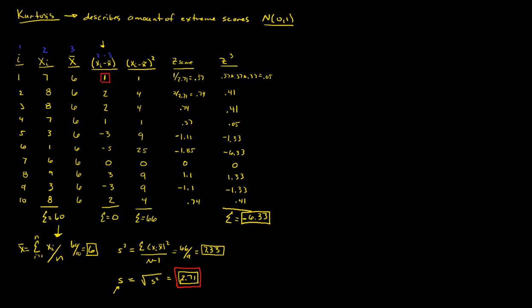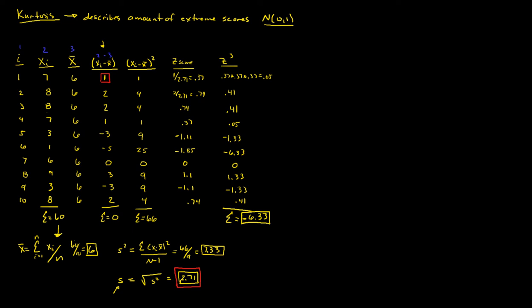Then we did this fourth column, which was X sub I minus X bar, taking column 2 minus column 3. So 7 minus 6 was 1, 8 minus 6 was 2, 8 minus 6 was 2, another 7 minus 6 was 1, and so on, all the way down through the 10th value, which was 8 minus 6, 2 again.